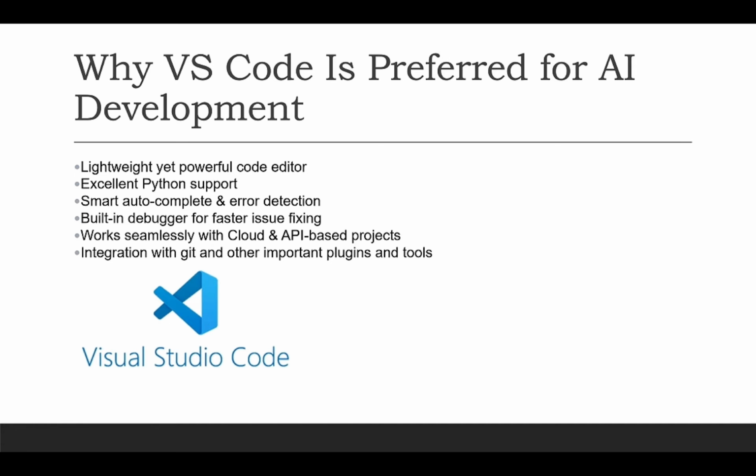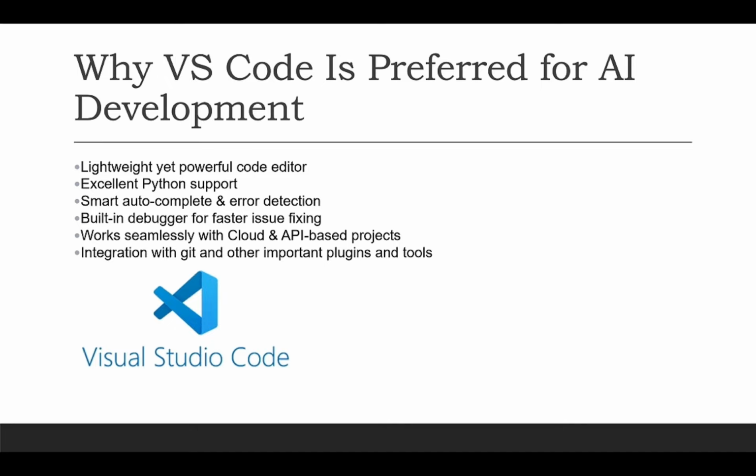Built-in debugger also we get in Visual Studio Code, which is very useful to fix bugs faster. It works seamlessly with cloud and API based projects, and we get native integration with Git and other important plugins and tools. So we will see where we can download Visual Studio Code and then how to install it.